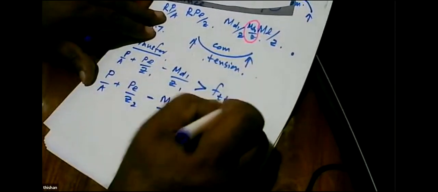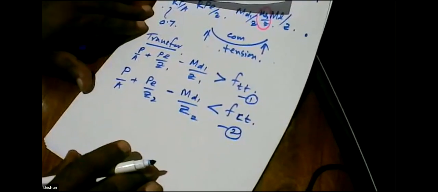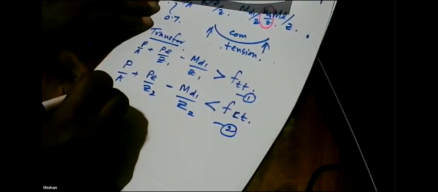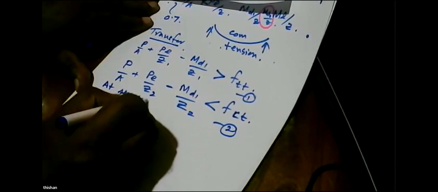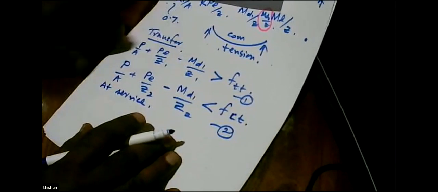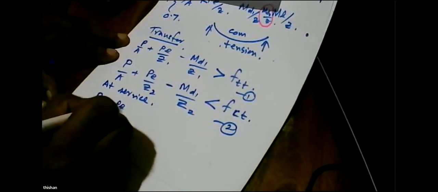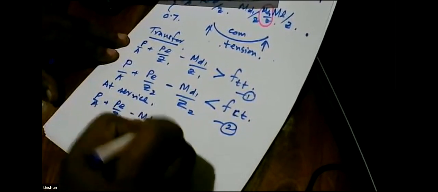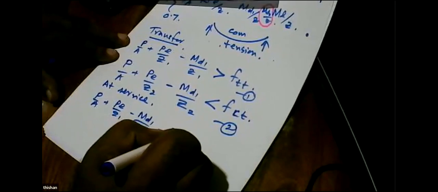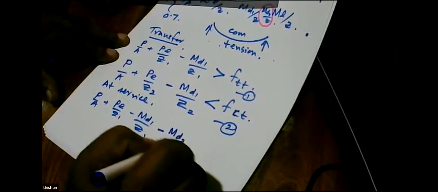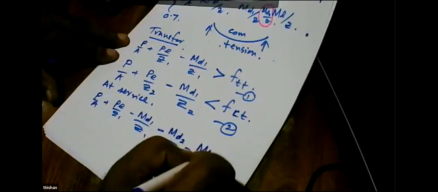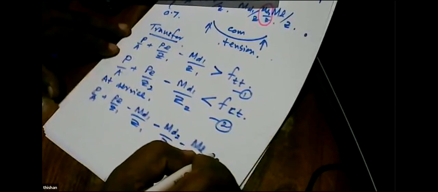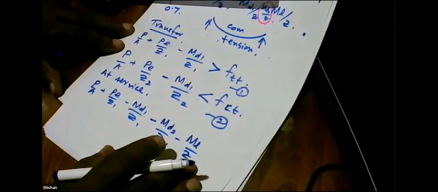So this is equation number 1, this is equation number 2, and then at service it is going to behave like this. So you get P over A plus Pe over Z1 minus MD1 over Z1 minus MD2 over Z1 minus M live over Z1 should be, now we are talking about the top fiber, it's going to fail in compression.